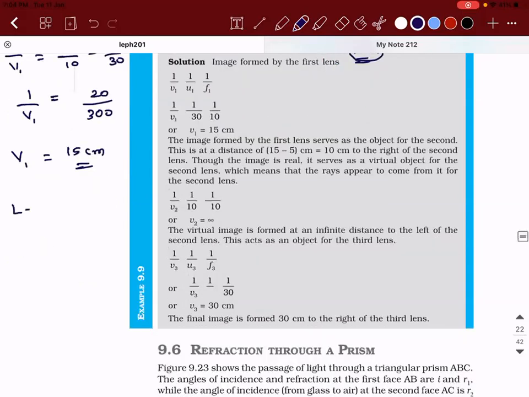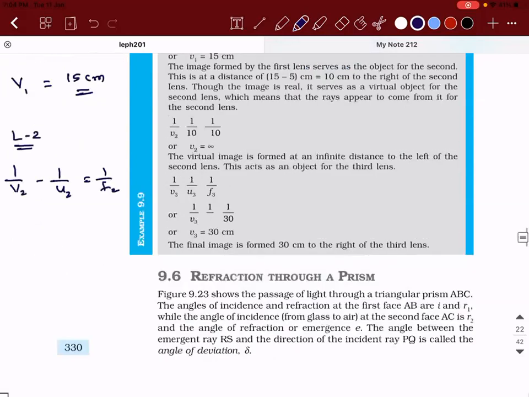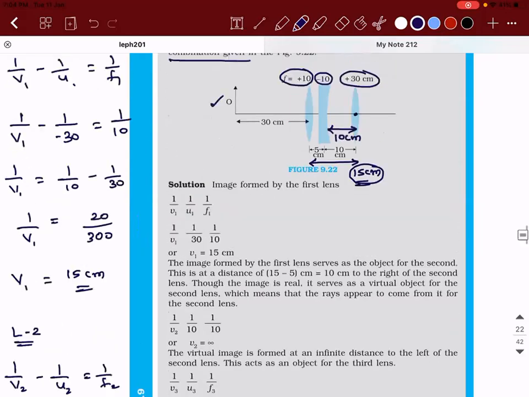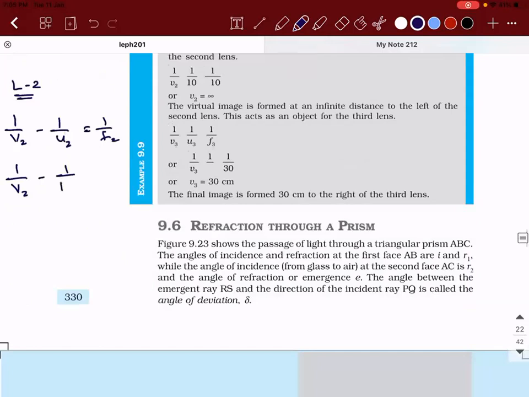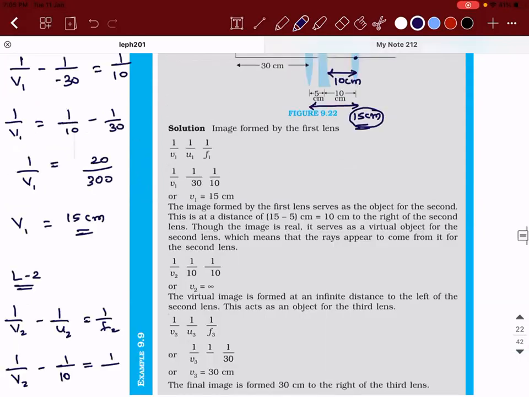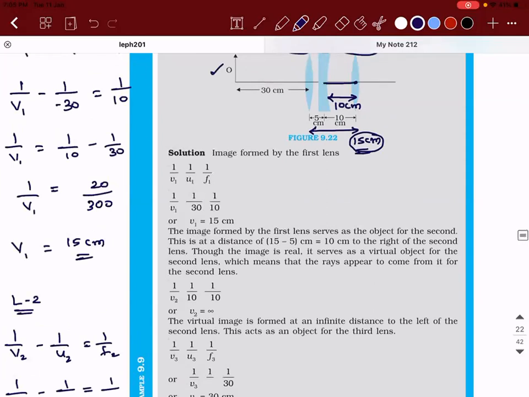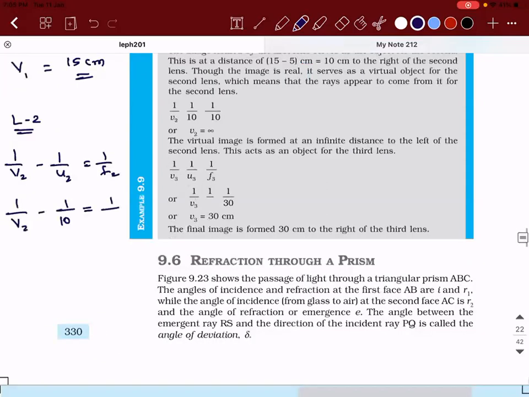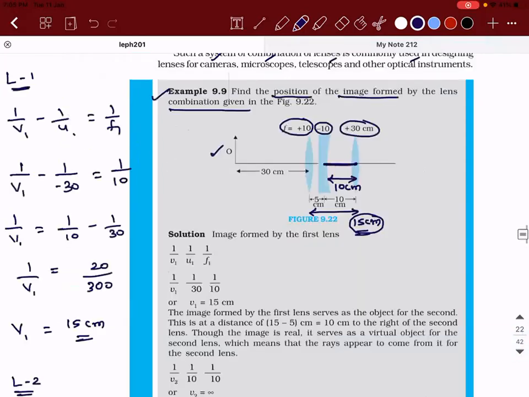So for lens 2, if I apply the formula 1 by V2 minus 1 by U2 is equal to 1 by F2. U2 is how much? U2 is 15 minus 5, that is 10. So 1 by V2 minus 1 by U2 is equal to 1 by F2, which is also minus 10 because it's a concave lens.